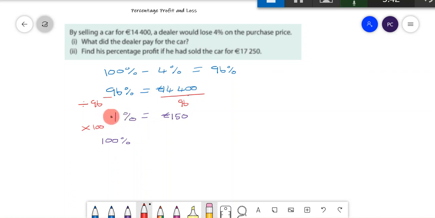And if I multiply this side by 100, I also have to multiply this side by 100 as well. So multiplying 1 by 100 gives me 100%, and multiplying 150 by 100 gives me 15,000. So it's equal to €15,000.